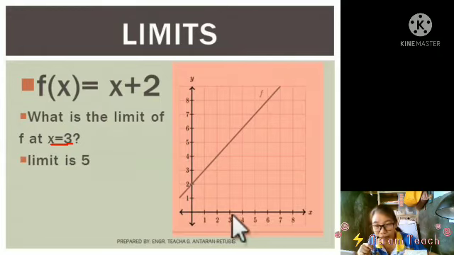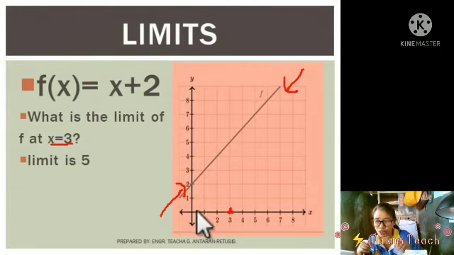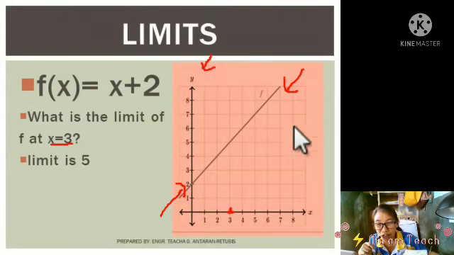This is our 3, can you see it? You can approach it from here, or you can approach from here, right? So the question is, what is the value of your y? You have to focus here.